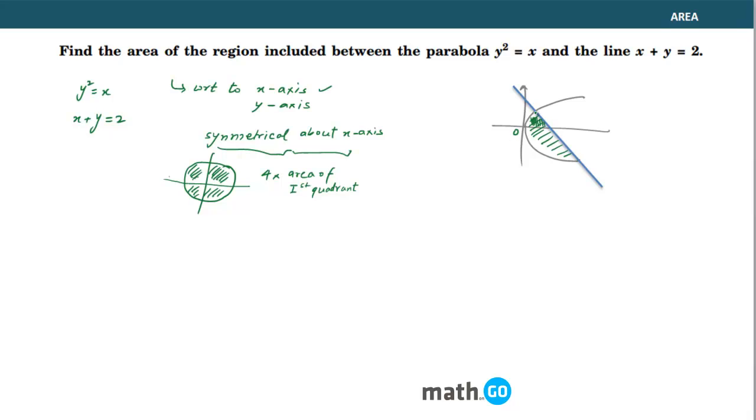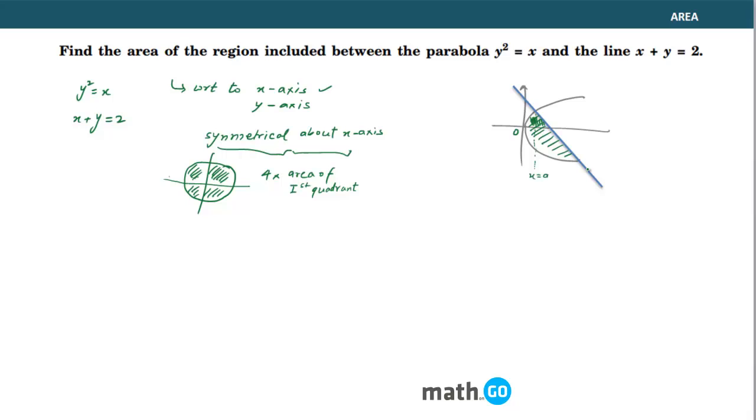Then you need to find the intersection point like here, right? Then again from here to here you will integrate upper minus lower. But if you see here, even if you go by the x-axis method that you find the x equal to a point, right? This particular region will be upper minus lower, where the upper and the lower are the same curve. Can you see that? You just need to find this area. This area could be found by using symmetry because it will be nothing but twice of this area, but that will be a very lengthy calculation.